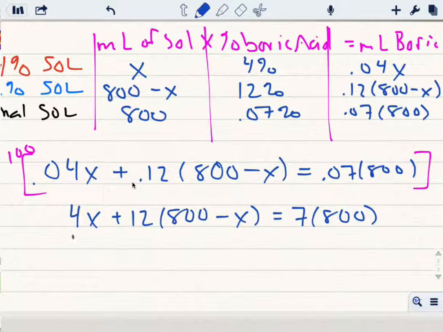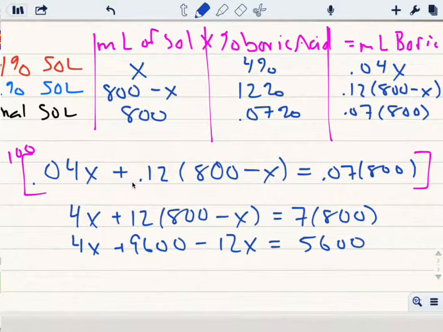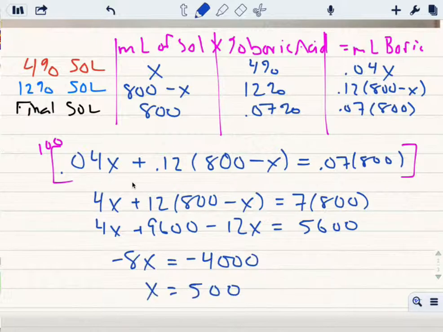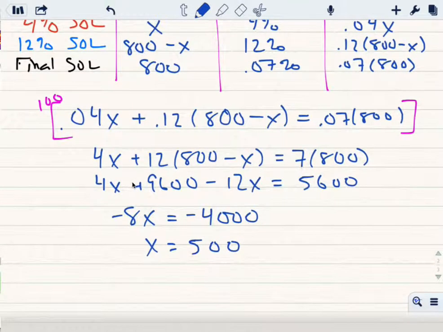Okay, so that gives me 4x plus 9600 minus 12x equals 5600. I get negative 8x equals negative 4000. So x is equal to 500 milliliters of 4% and 300 milliliters of 12%.